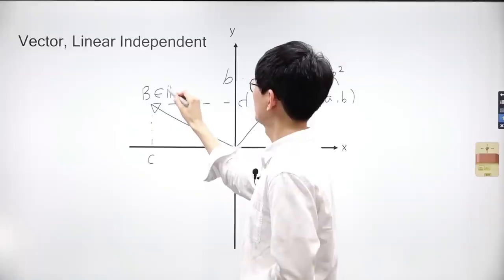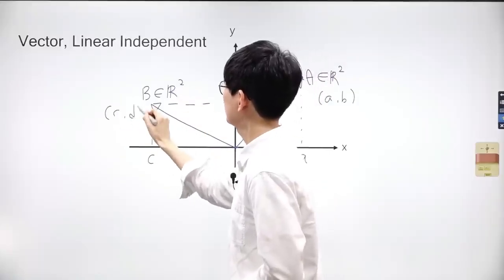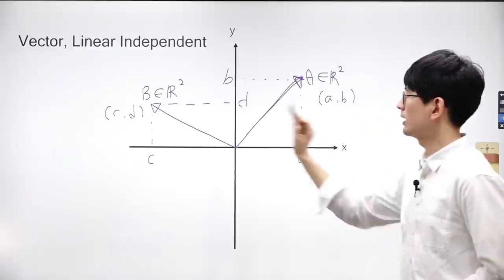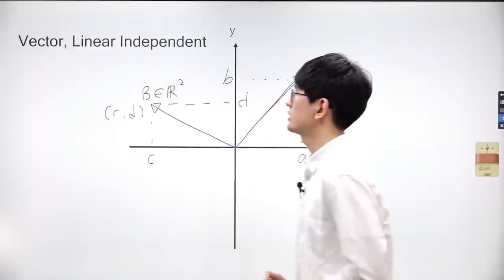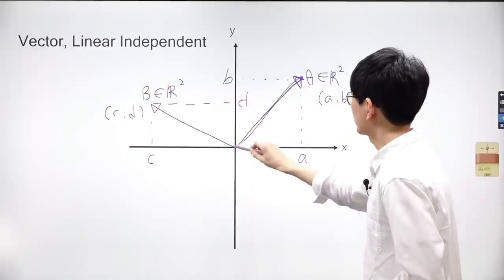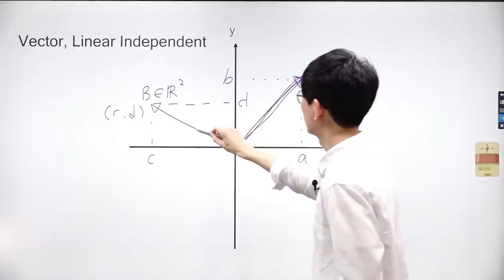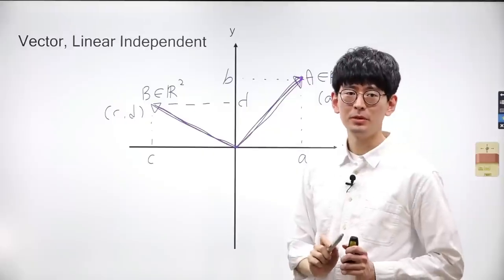Then B is also a vector in R^2 with coordinates (c, d). So far, we've defined two vectors A and B. Now let me explain what linear independence is. It would be helpful to think of linear independence as how distinguished vector A and vector B are.